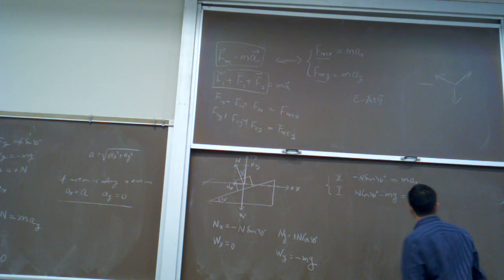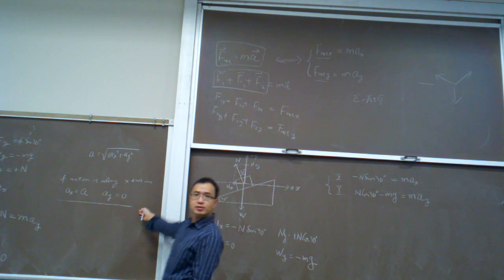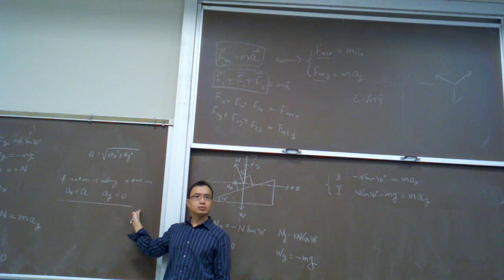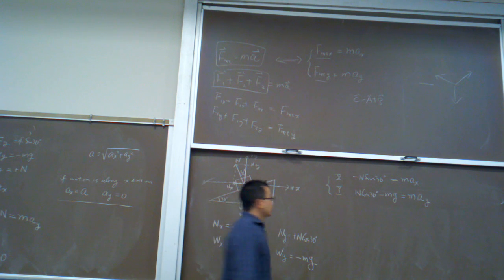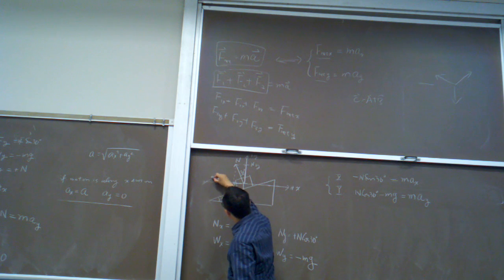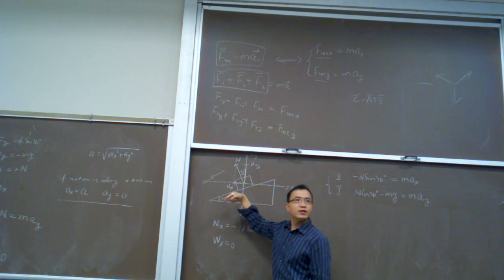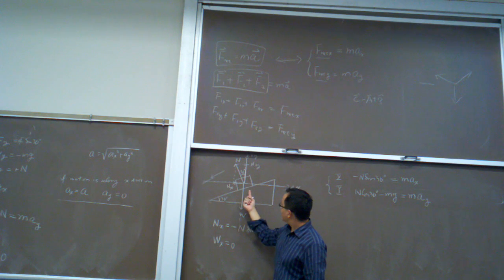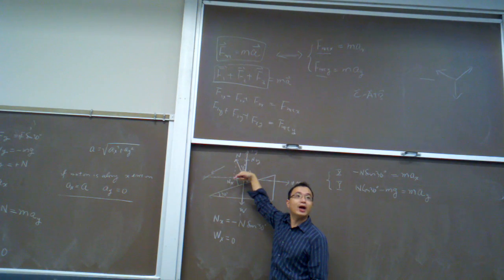Now, ax and ay. In this case, do you have any information about ax and ay? Can you say ay equals 0 in this case? No. Please note that the motion is like this, so it has both x and y components.